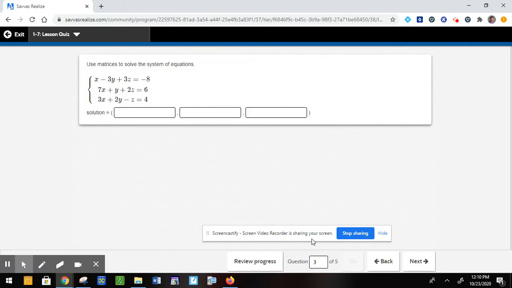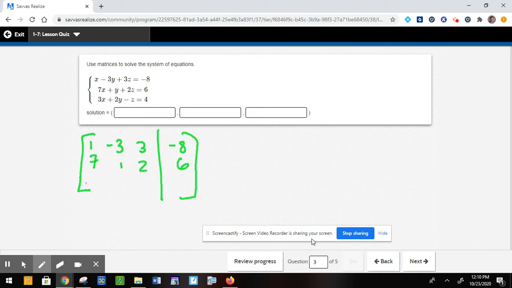Right, use matrices to solve the system of equations. So what we're going to do is write it out as an augmented matrix. So 1, -3, 3, -8, 7, 1, 2, 6, 3, 2, -1, 4.